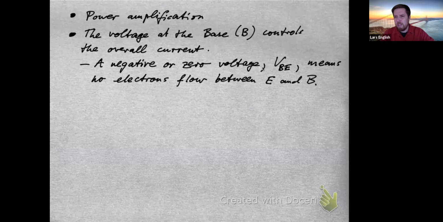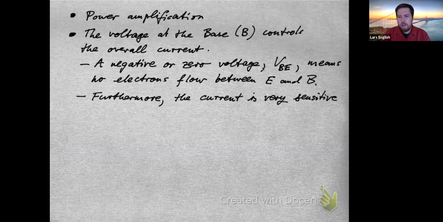So we can pinch off that current entirely if we keep the base at the same voltage as the emitter, or even at a lower voltage, because then we would even reverse bias that first junction. So we can completely shut off that current by having no bias between base and emitter. If that voltage is zero, or negative even worse, then there's definitely no current.